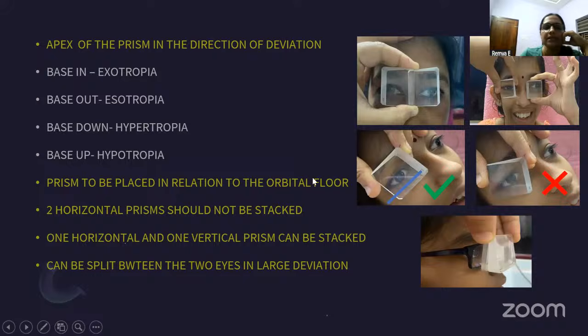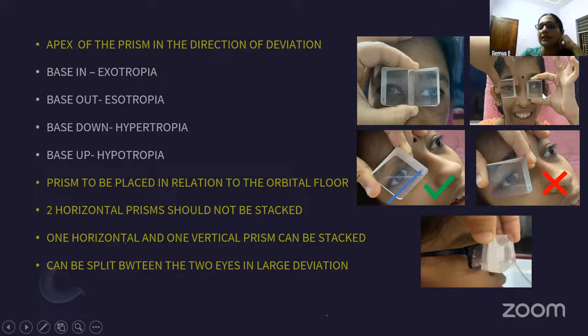And prisms are to be placed in relation to the orbit. So if you are doing tilt and all, it has to be in relation to the orbital floor. And just imagine you have a large number of prisms. Then in a case of esotropia, you cannot just keep one over the other. You have to split it between the two eyes. In the first image, I have placed the two prisms on both the eyes, in the case of esotropia.